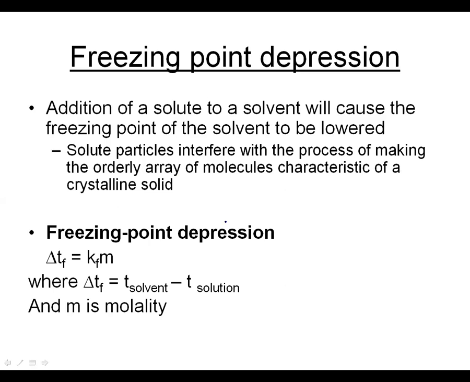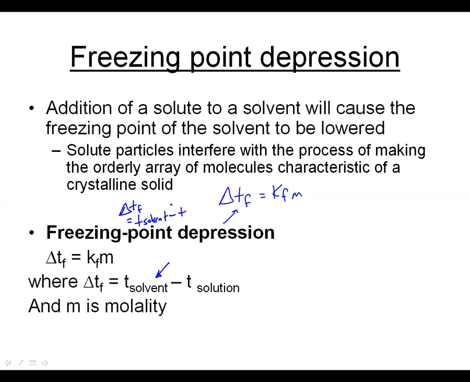And a couple of things, this is the change in the freezing point temperature. Because the solution will actually freeze at a lower temperature in this case, when you do the change in temperature, you want to take the solvent, the temperature where the solvent normally freezes, minus the temperature where the solution is freezing.